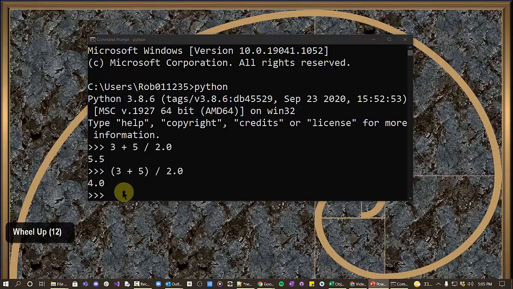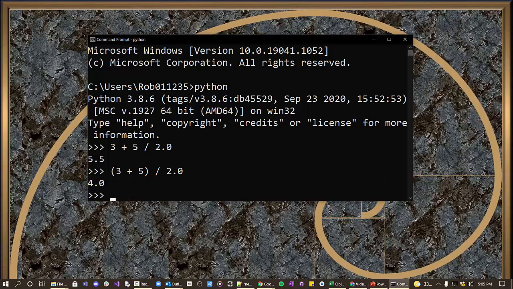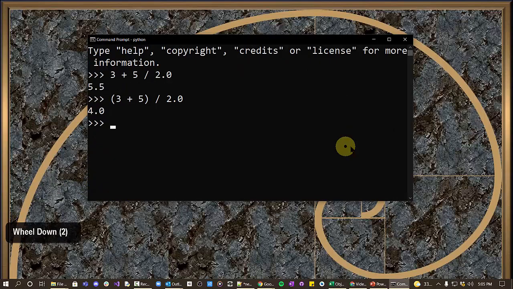So for example, if I were to do something like this, what gets executed first? Well, exponentiation is first, so this 2 will be raised to the third power first.